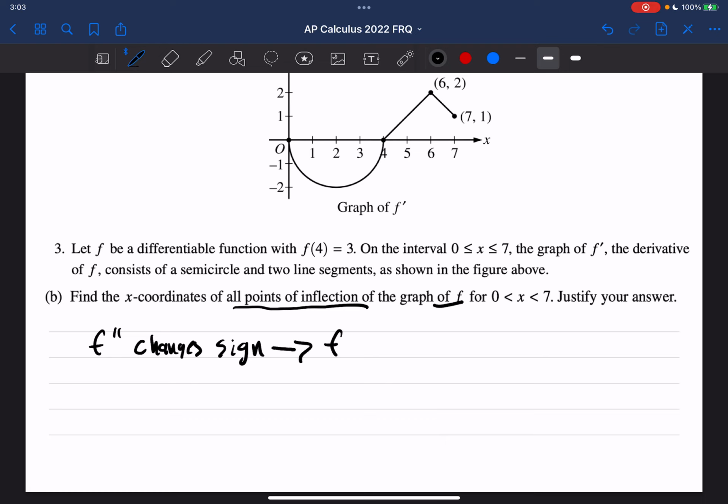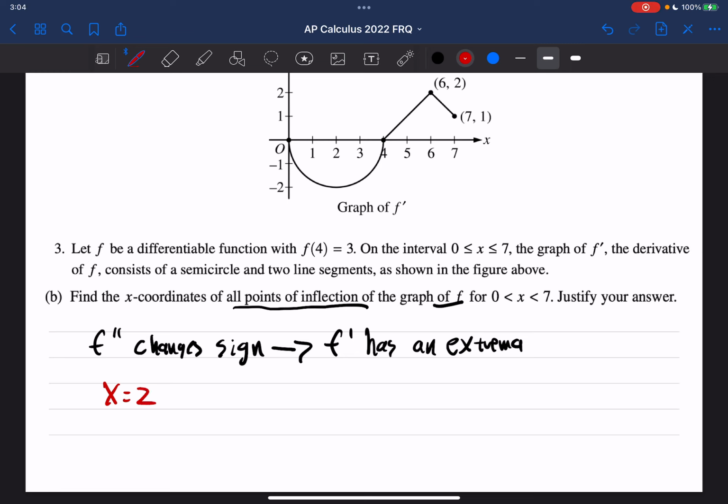Now what's happening with f prime at that same time? Well, that means f prime has an extrema. So where are the coordinates where f prime, the graph we have, has an extrema? Well, that's going to be right here at x equals 2, and right here at x equals 6.